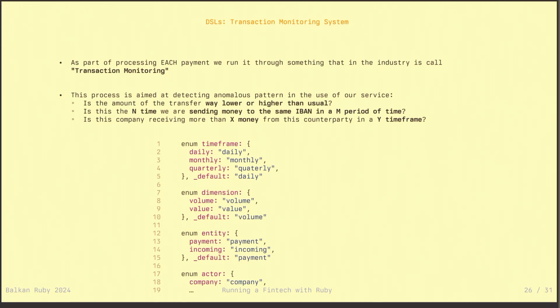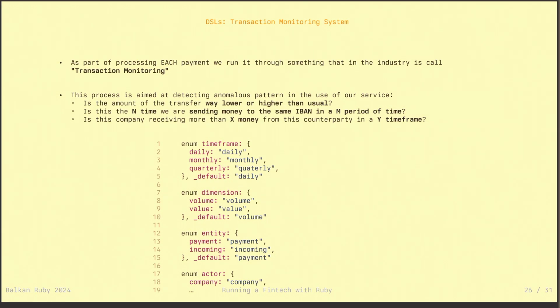This is an example of what we call the transaction monitoring system. This is actually a step that happens for every single payment. I didn't include it in the first section of the talk because I thought it was enough. But on top of everything that we mentioned before, we do this too. So every single time we're doing a payment transfer, we are checking and answering questions like: is the amount way lower or way higher than usual? Why are you sending 100 euros to this IBAN for the 7th time in the last 72 hours?